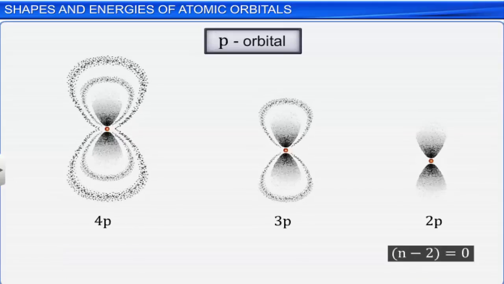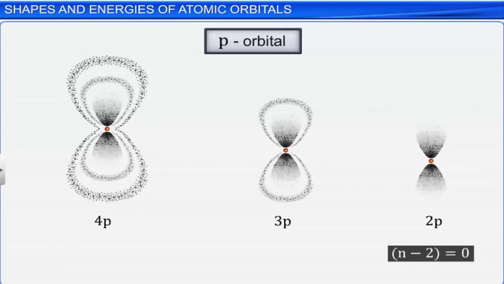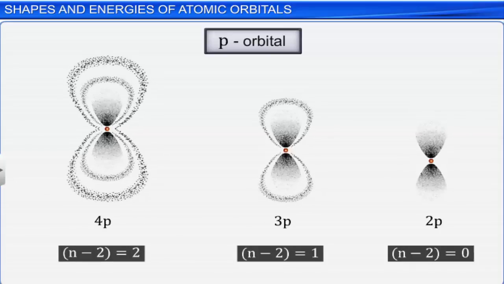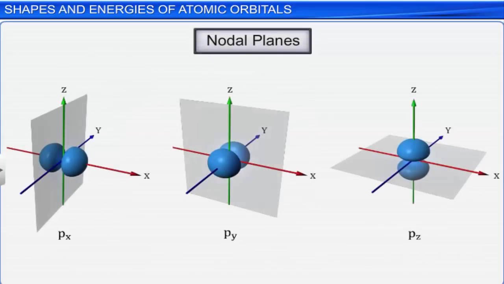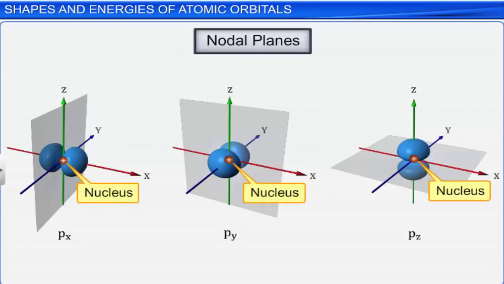In addition to these radial nodes, for np and nd orbitals, the probability density function is also 0 at planes passing through the nucleus. These planes are called nodal planes. The number of nodal planes for a p-orbital is 1.